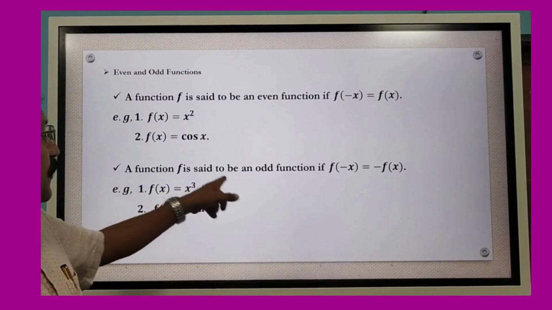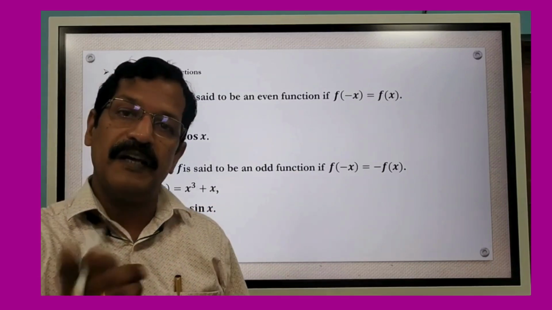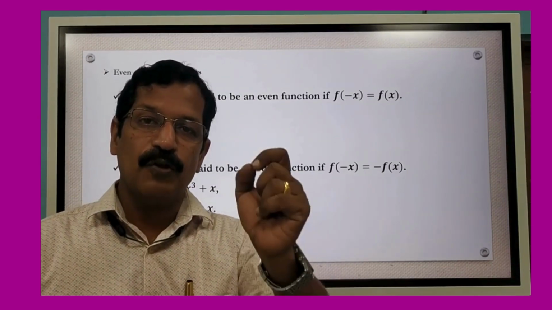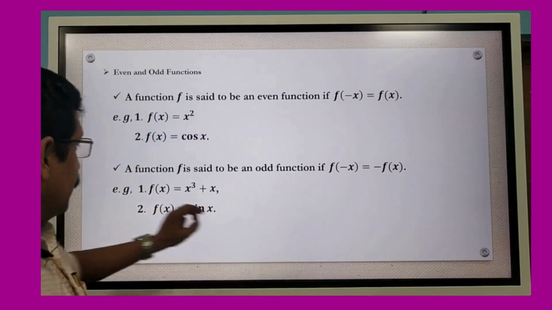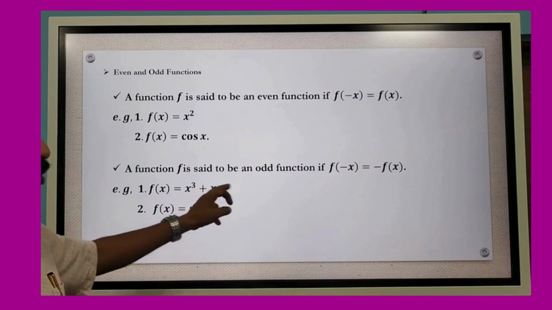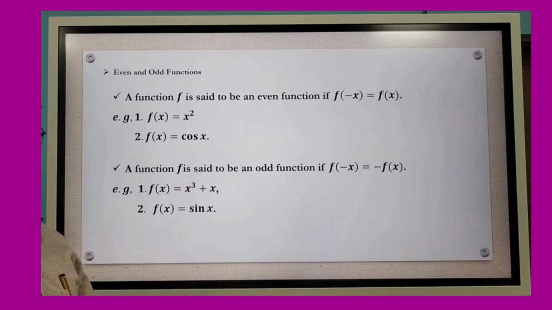A function f is said to be an odd function if f of minus x is equal to minus f of x. F of minus x is equal to minus f of x. Example, f of x is equal to x cube plus x. F of x is equal to sin x.